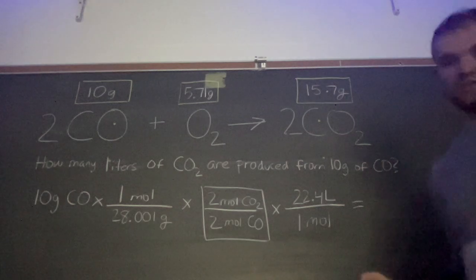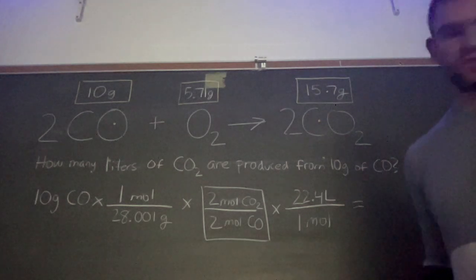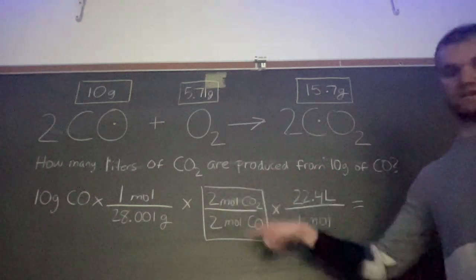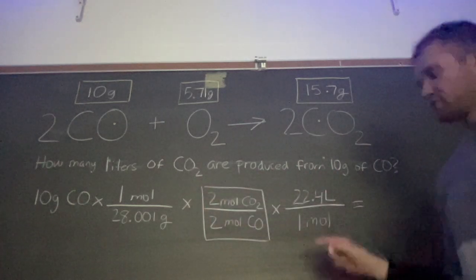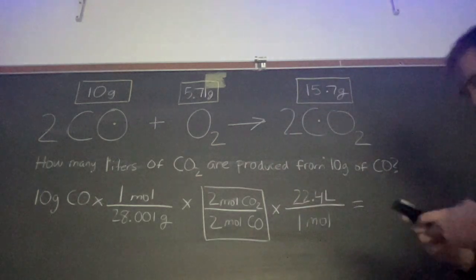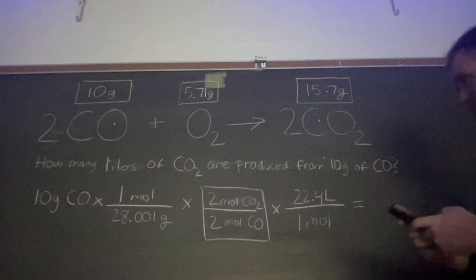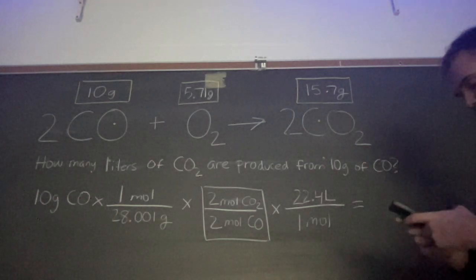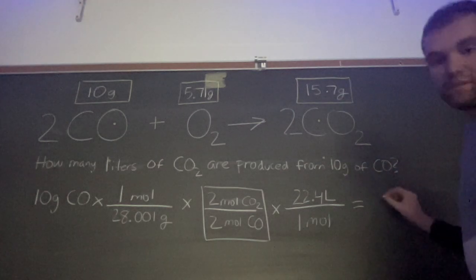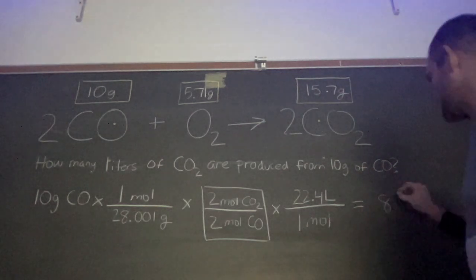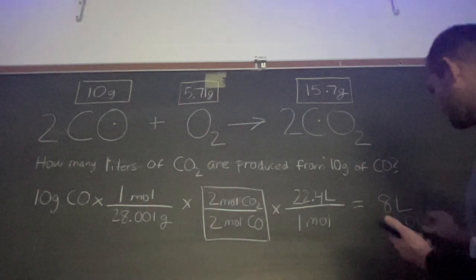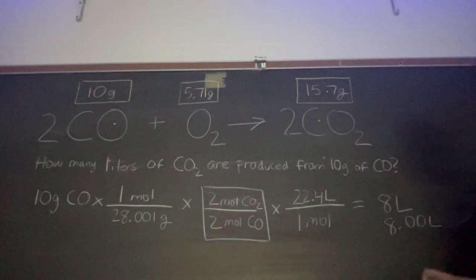And then we're going to do the multiplication. 10 times 22.4, I'm going to ignore this again. 10 times 22.4 divided by 28.001. So let's do that. And I'm pretty much getting exactly 8 liters. So 8.00 liters. That's pretty awesome.